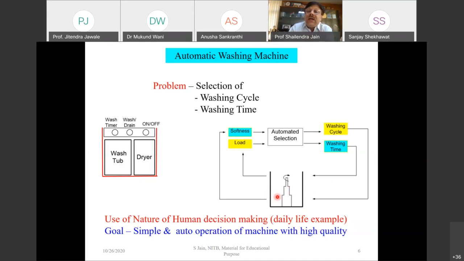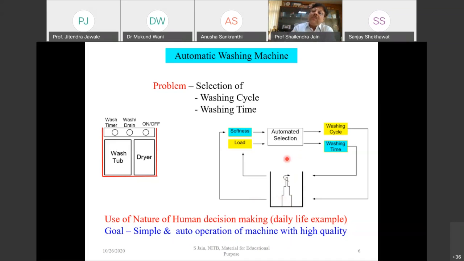Even if I am washing a hanky only, you will not fill the entire tank fully. So if your cloths are less, the water quantity should be reduced for every cycle of operation. That is optimum use of the resources, and that needs to be taken care of. So this is a very perfect example where human intelligence is required to perform a controlled task.